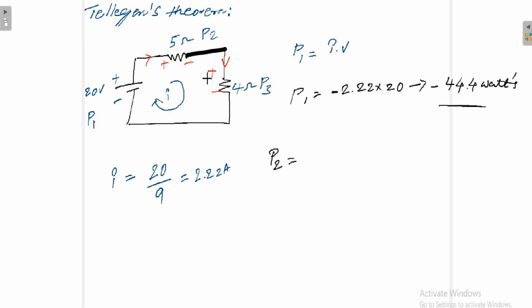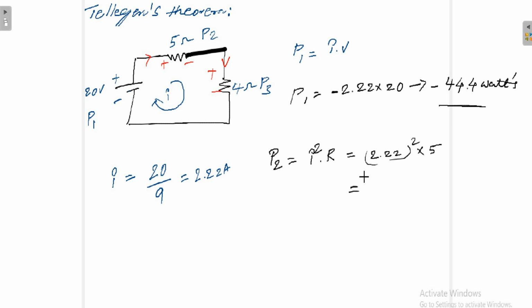Now let us see P2. P2 is the power in the 5 ohm resistance. If I want to find it in terms of resistance, it is I squared into R. I squared is 2.22 whole squared, into R which is 5.